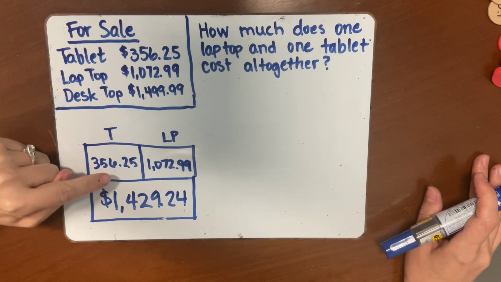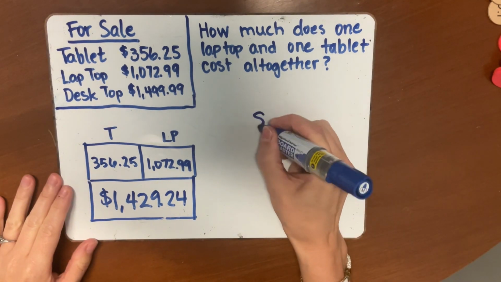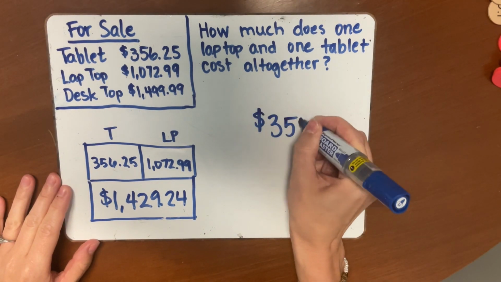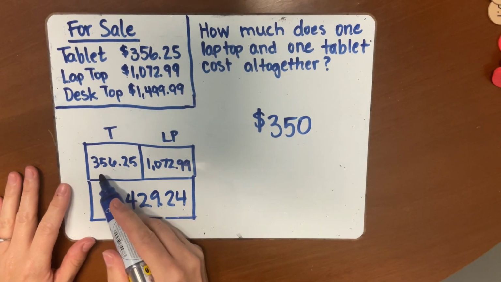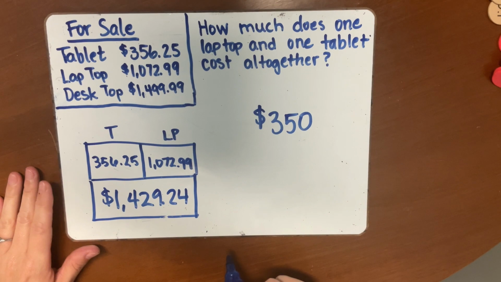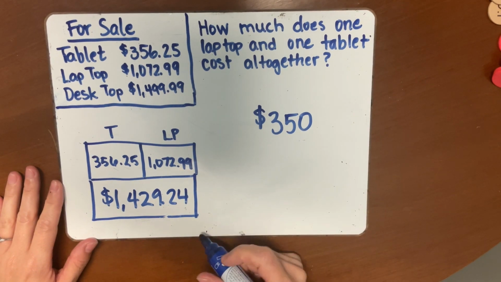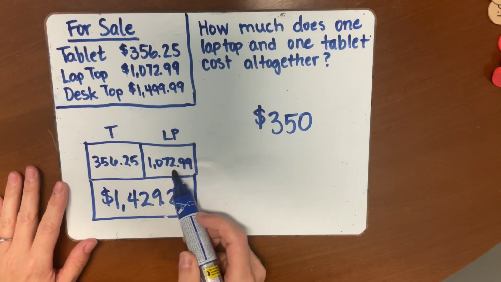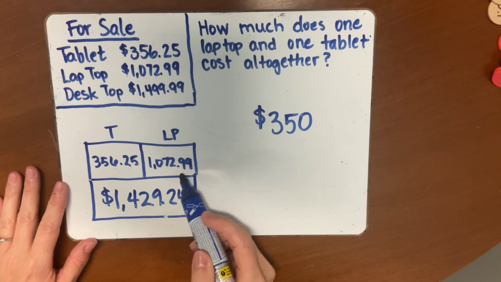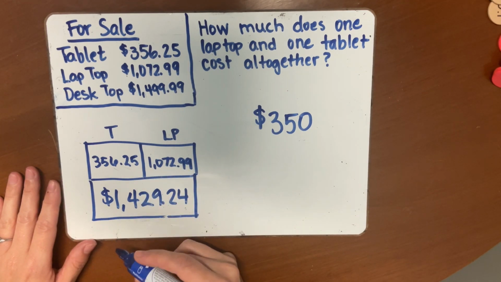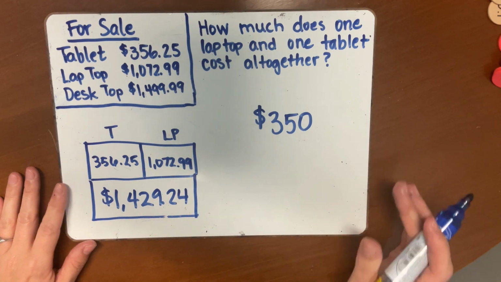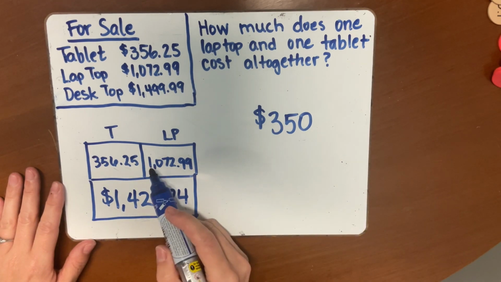If I'm at the store, 350 is a good estimation because it's just a friendly number. 50s are friendly. So I'm not going to use rounding rules here. I'm going to use a reasonable estimation. That's a friendly number. And this is $1,072.99. Well, 99 cents is close to $1, so that's $1,073. But the $3, I could do 1,100.